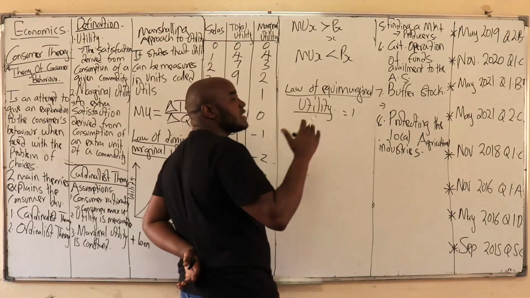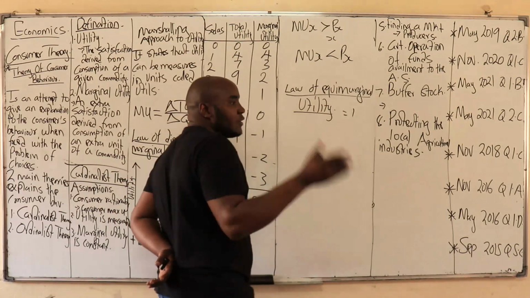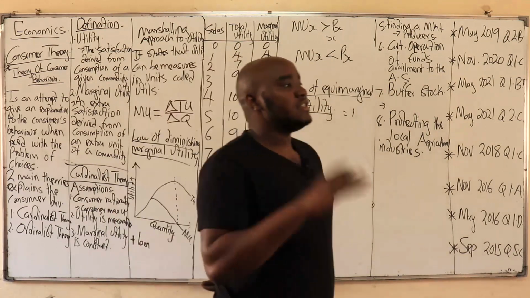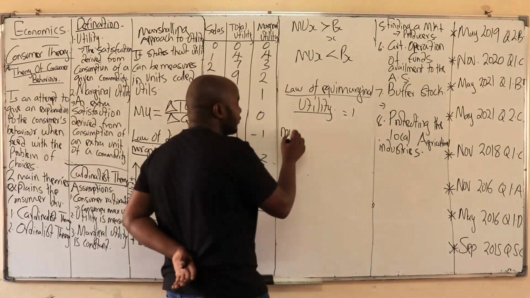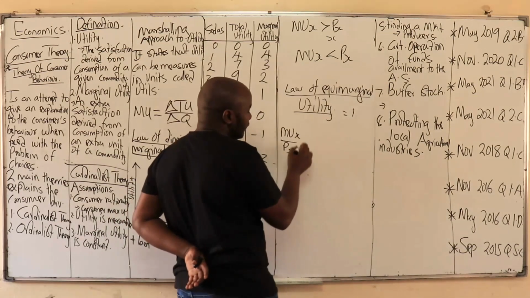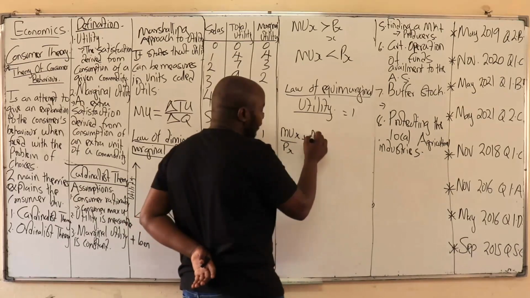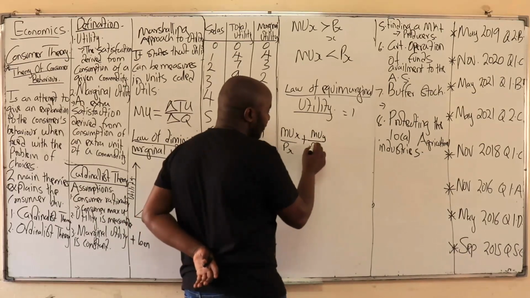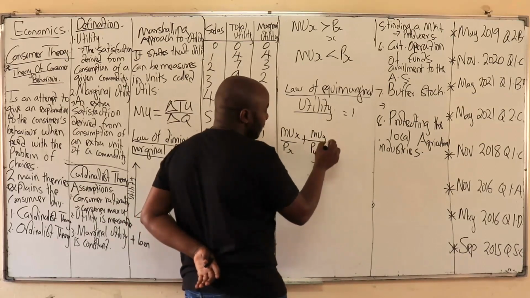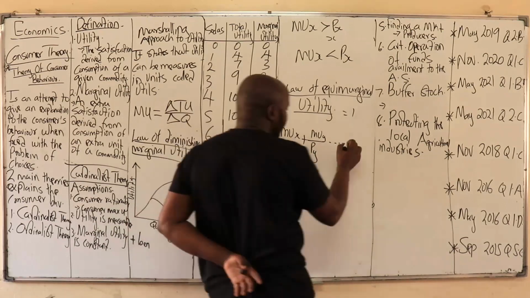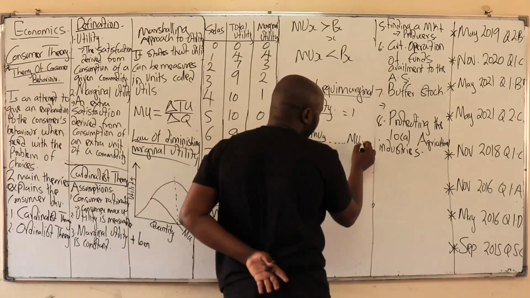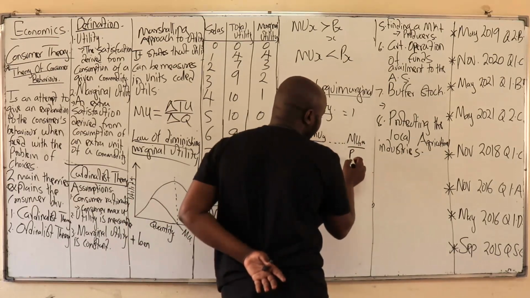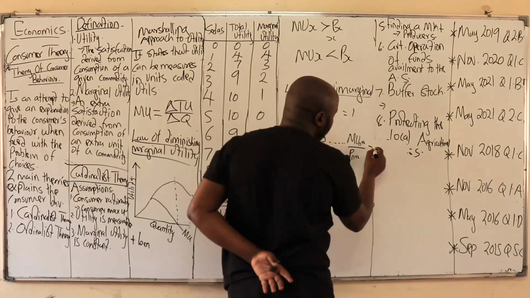It is the sum total of all of the commodities purchased at different marginal utility. That is marginal utility of X divided by the price of X plus marginal utility of Y divided by the price of Y, all the way to the marginal utility of nth divided by the price of nth, which will give us 1.